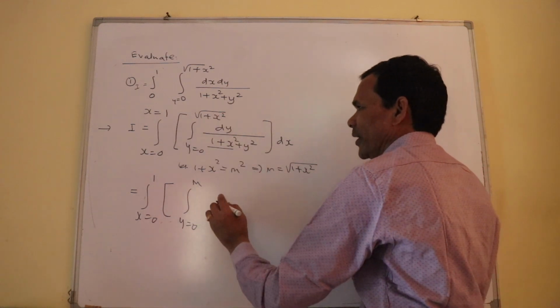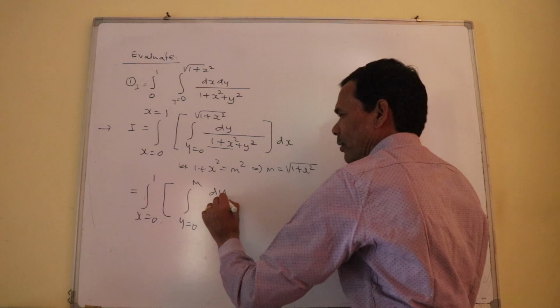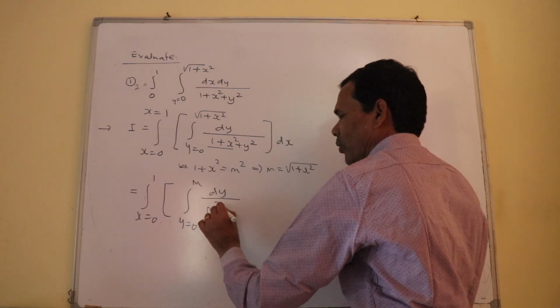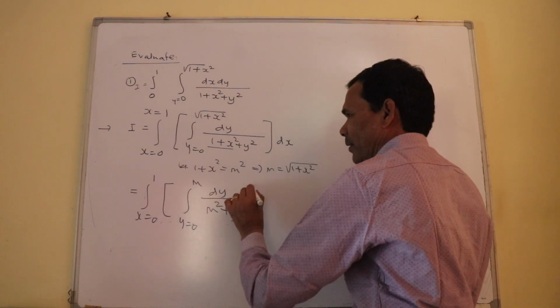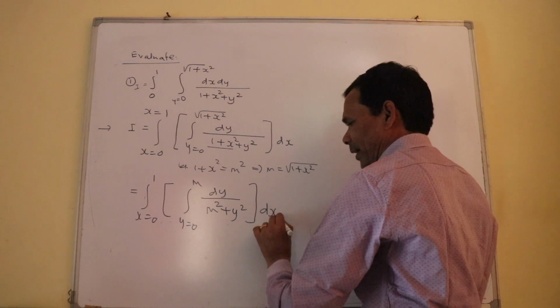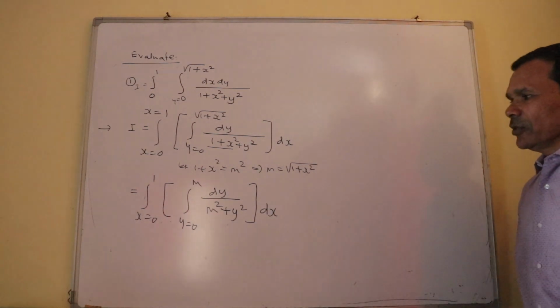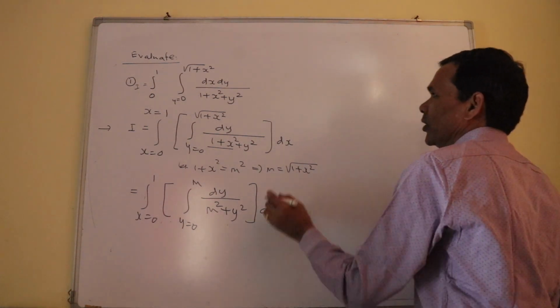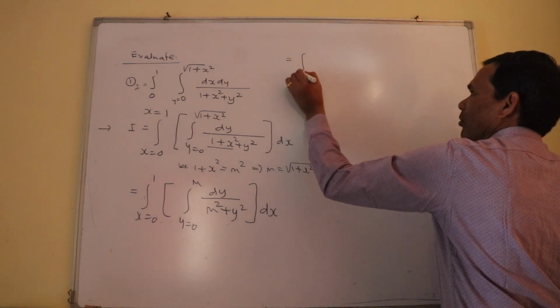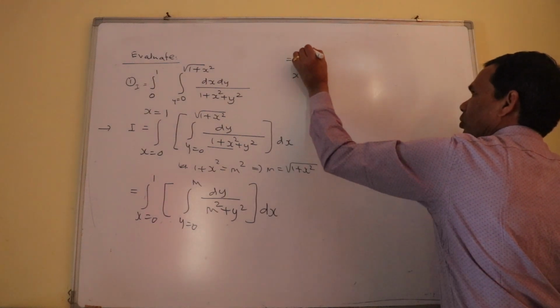So I put this as m, dy upon m square plus y square, and this is with respect to x. Okay, next. So I integrate this by using the formula. This is equal to 0 to 1.